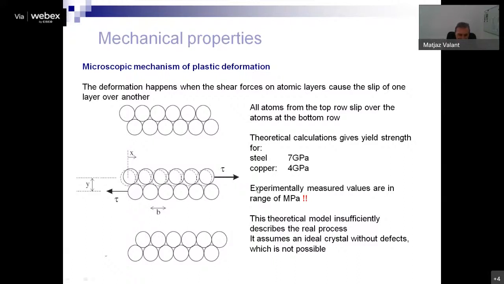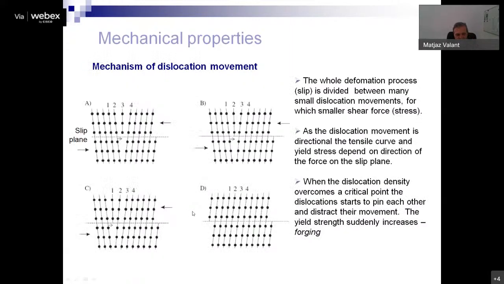And this is now the time when we move towards the defects in the structure. Really, the whole deformation process is divided into little steps, which are facilitated by the presence of dislocations.